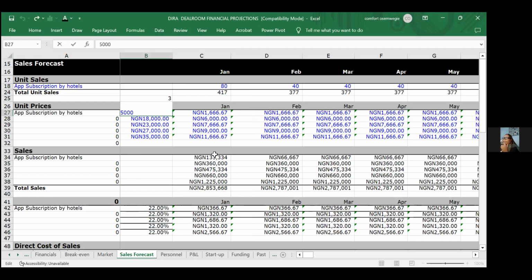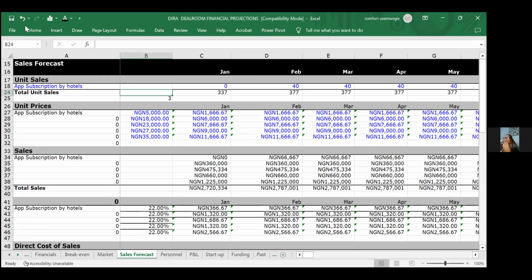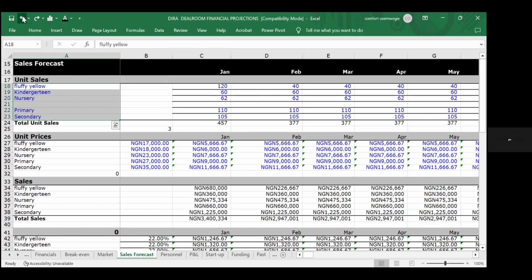This is supposed to be 0. And I see that it's still picking. Okay, I now see where I made the mistake. When I cleaned it off, I hid it. I didn't clean off because I wanted to use the sheet again.